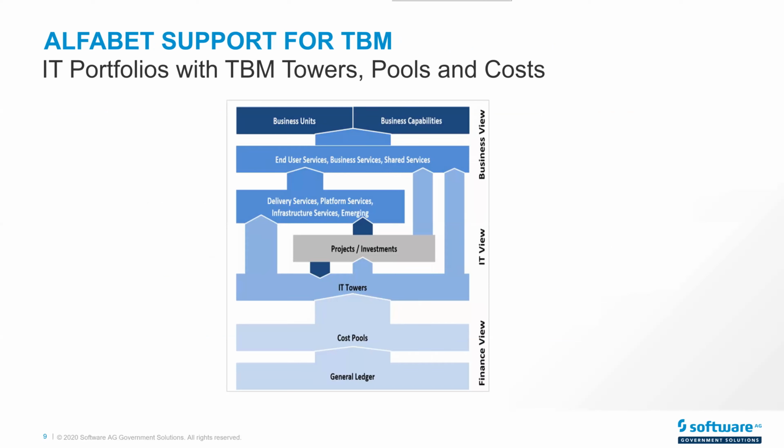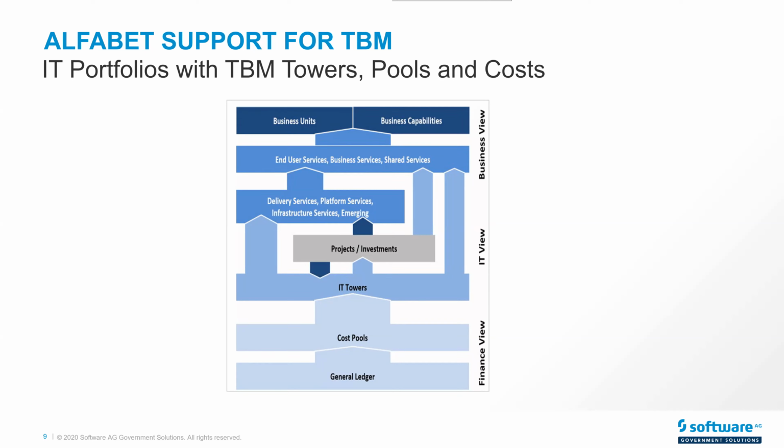So let's talk a little bit now about how Alphabet gets into the picture and how it supports the TBM models. Alphabet has been a leading platform for quite a number of years for enterprise architecture, and it's been a leading, or the leader of leaders, in the IT portfolio management for applications market space.